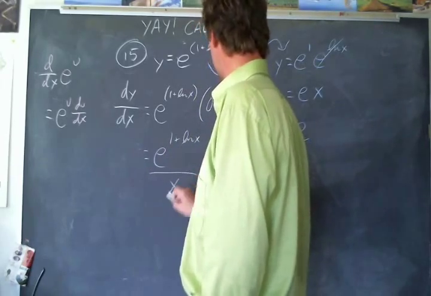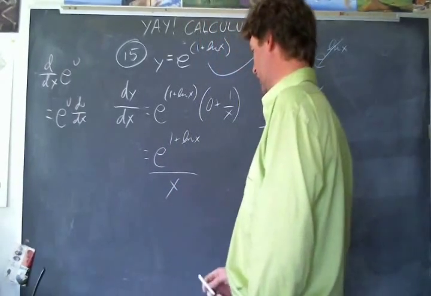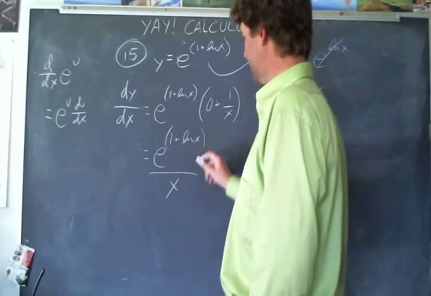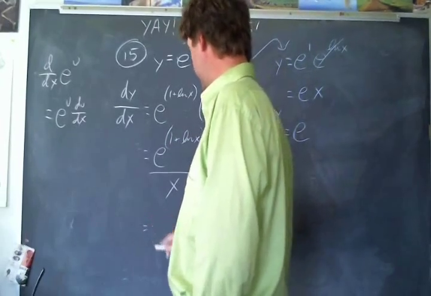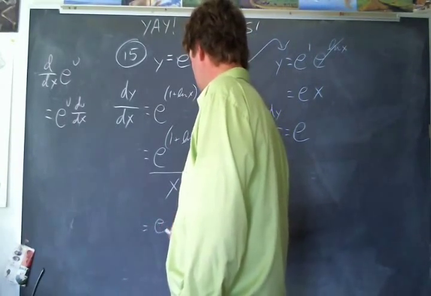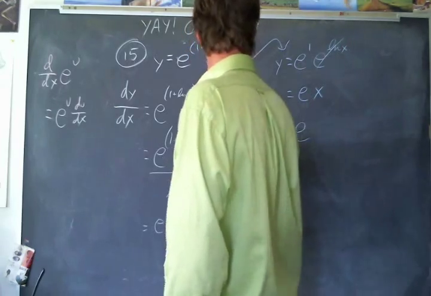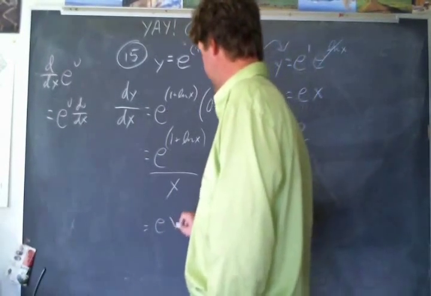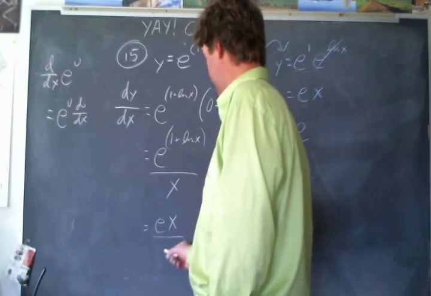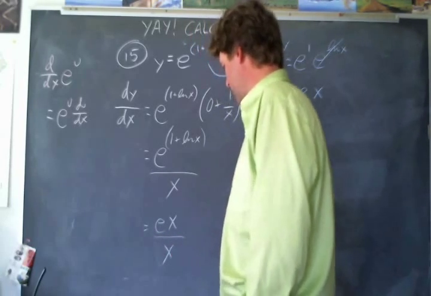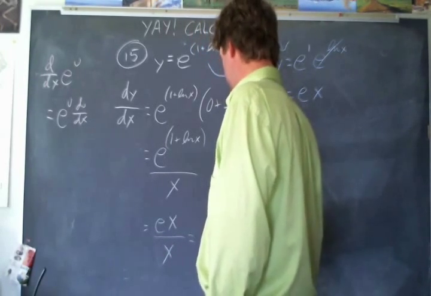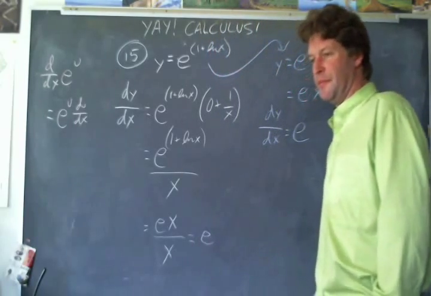Just going to put this over x. And we still have to break this up with the same rules to simplify it. That'd be e, and then e to the natural log of x, same way it was up here, just x. Equals e.